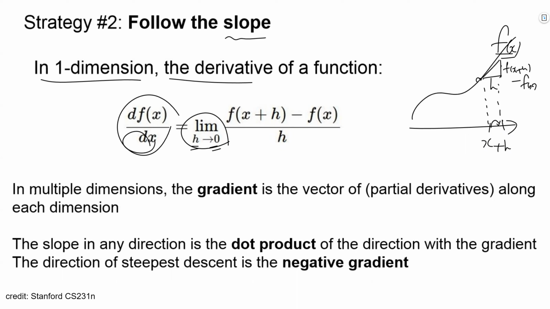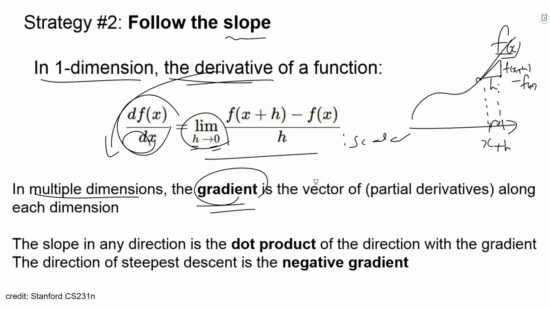In multiple dimensions, the derivative becomes the gradient. Here, the derivative is just a scalar value. However, when you move to multiple dimensions, the gradient becomes a vector along each dimension. And the slope in multiple dimensions in any direction is the dot product of the direction with the gradient.